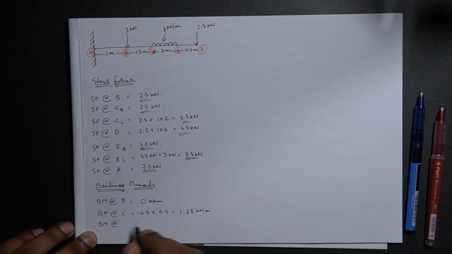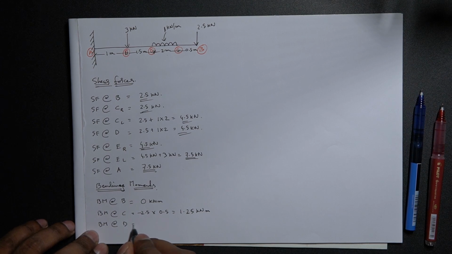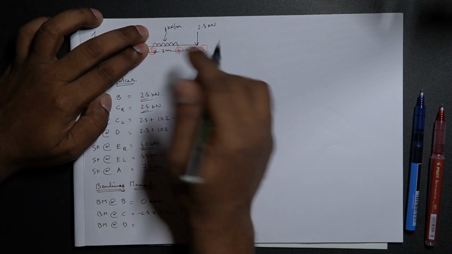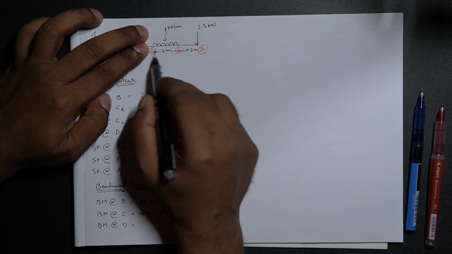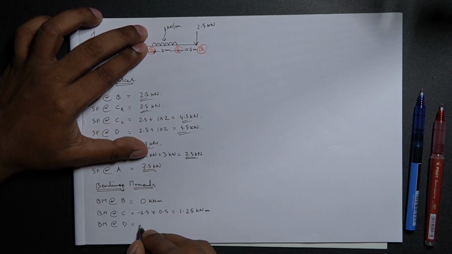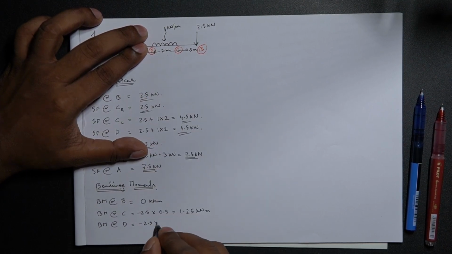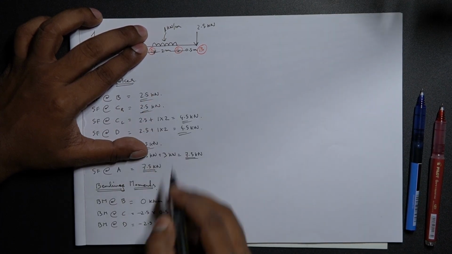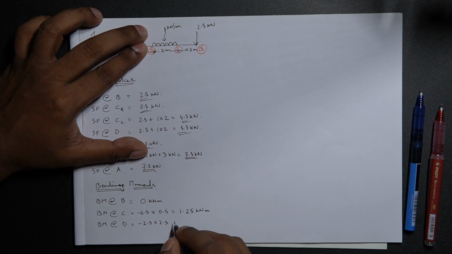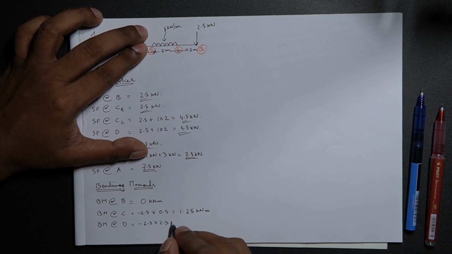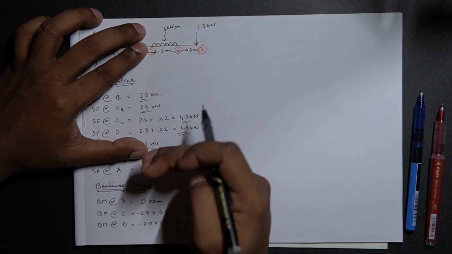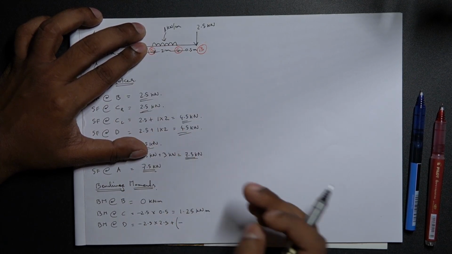Bending moment at point D. We have 2.5 acting with the entire lever arm, so 2.5 into 2 plus 0.5, minus 2.5 into 2 plus 0.5, that is 2.5, plus we have a UDL. Again it is negative since it is acting downward, causing a hogging action.